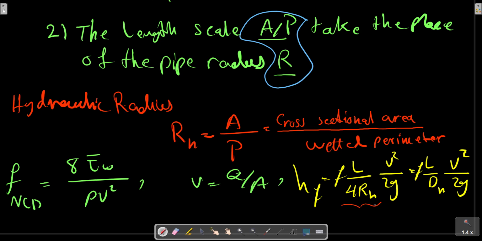Therefore, we customarily define the hydraulic diameter as, so for replacing D with 4R_H, we have this relation for non-circular duct.